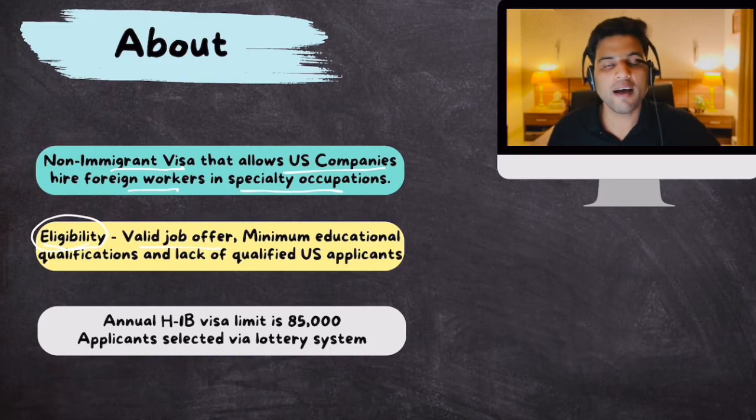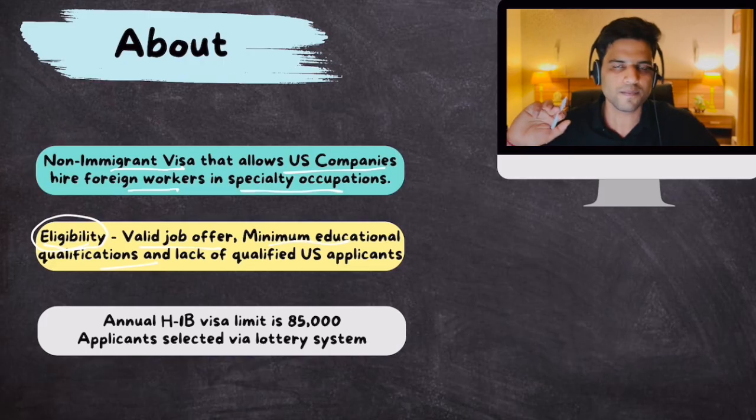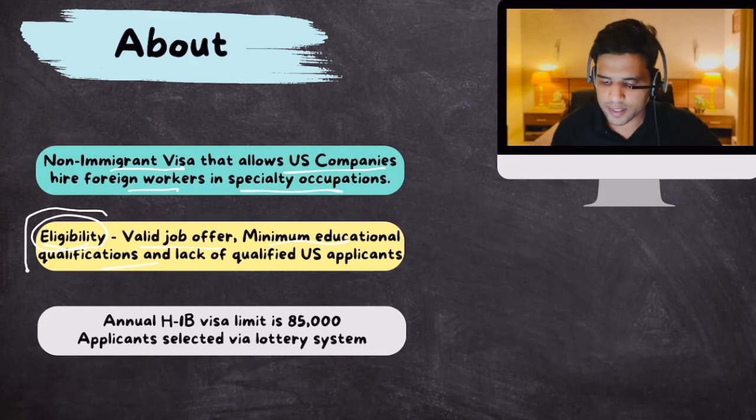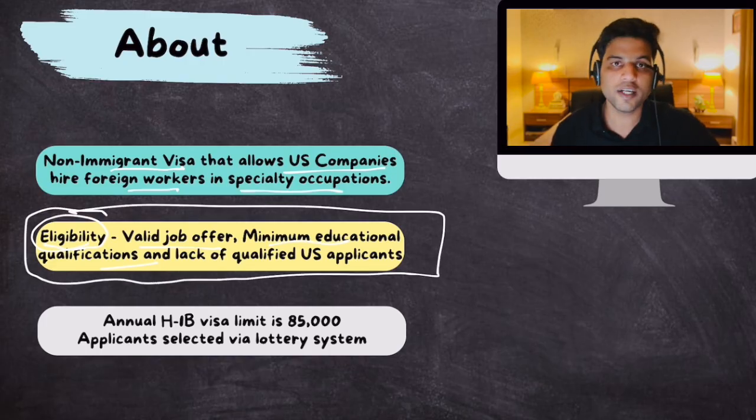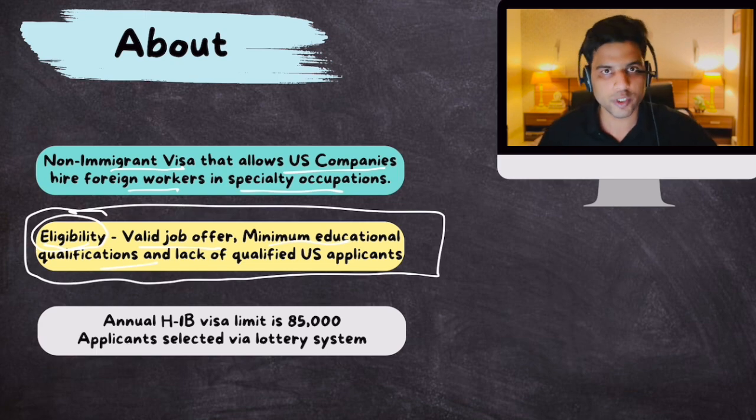I need to have minimum educational qualifications, at least a graduation degree, possibly a master's or a PhD degree. And that American company has to prove that there is a lack of qualified American workers. That is why we are hiring this Indian worker. These are the three conditions that need to be fulfilled to issue this visa.